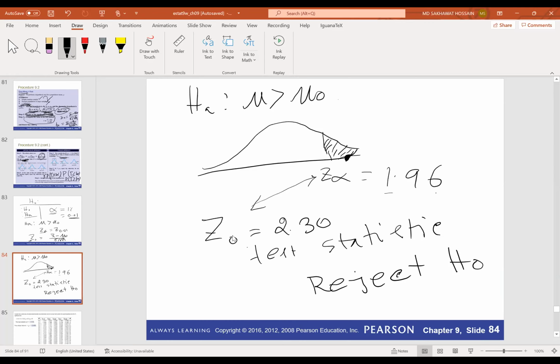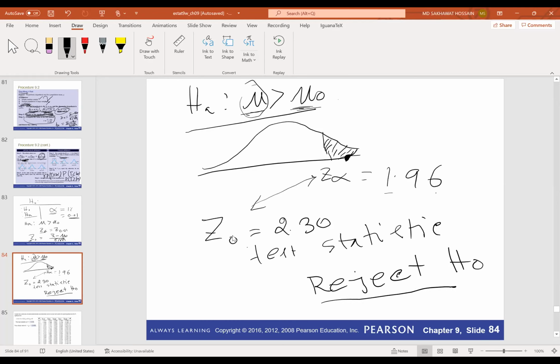That means we have sufficient evidence to conclude the alternative. So at alpha equals 1%, the data provide sufficient evidence that the population mean mu is greater than mu0. That should be our conclusion when we reject the null.